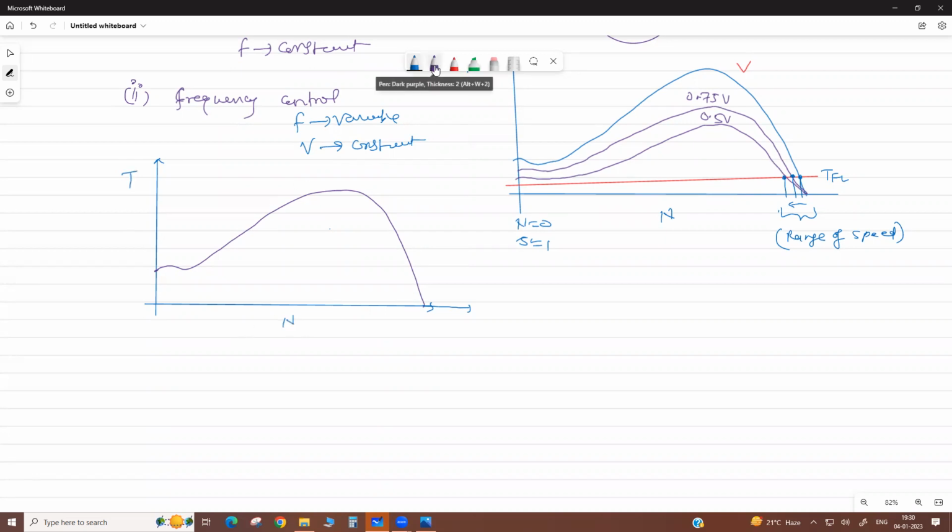Now when we reduce the frequency, like we reduced the voltage before, here we reduce the applied frequency by a cycloconverter or whatever it is. Then what happens?